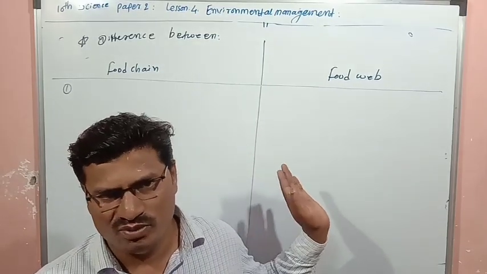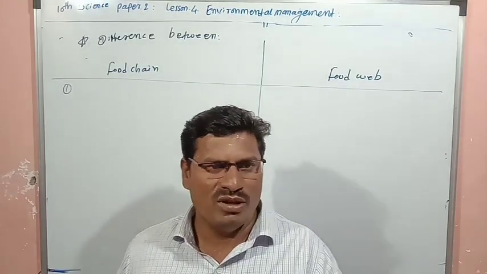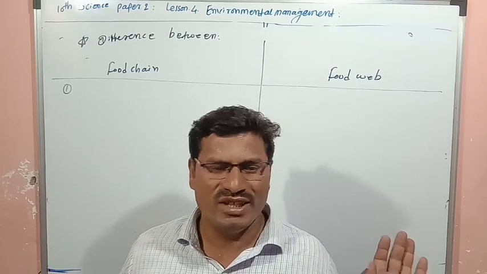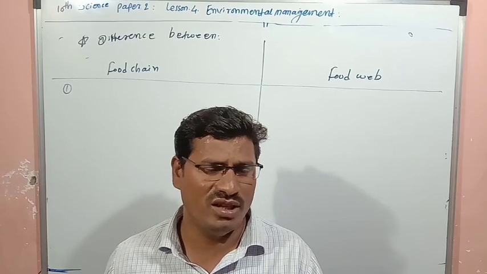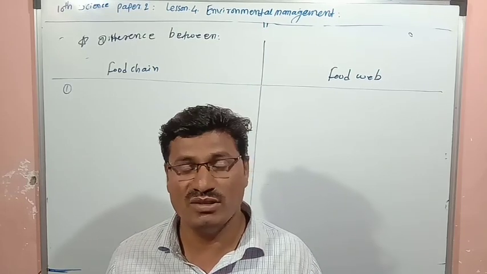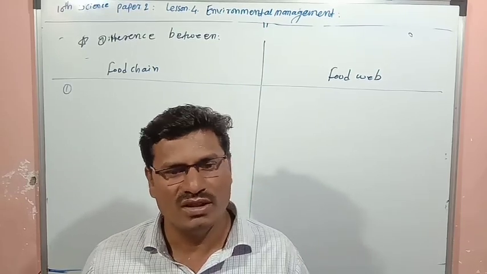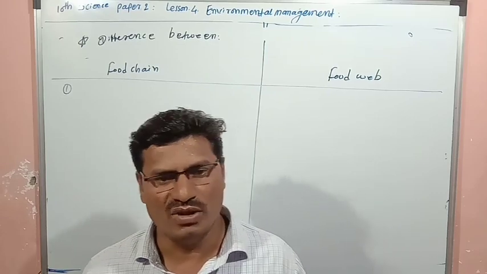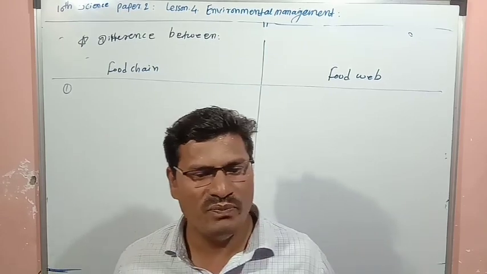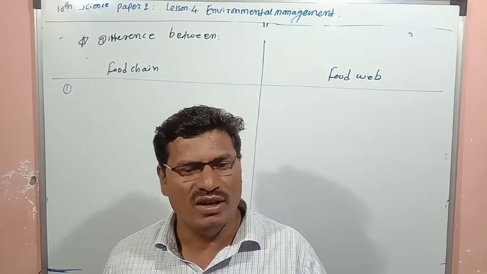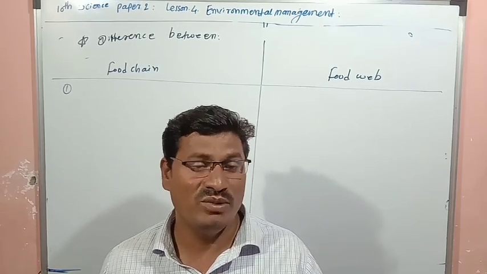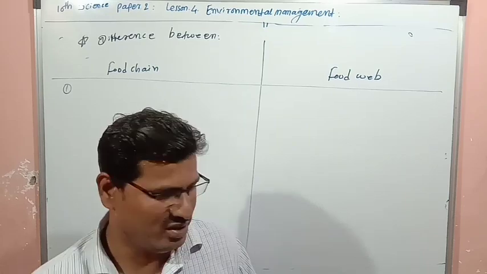In a food chain, if the number of a lower trophic level decreases, then there will be starvation. That means higher trophic level organisms will not get food and will die. In the food web, there is no starvation, as it helps to increase the population.